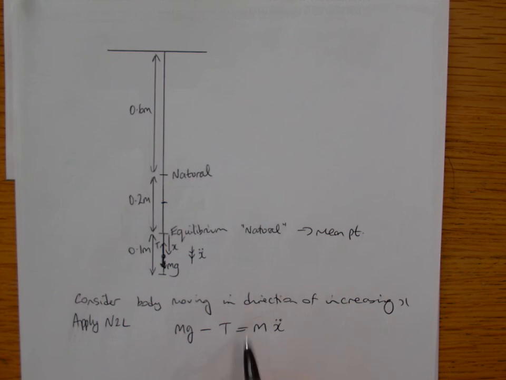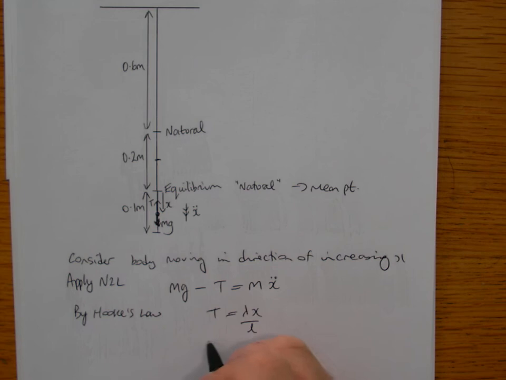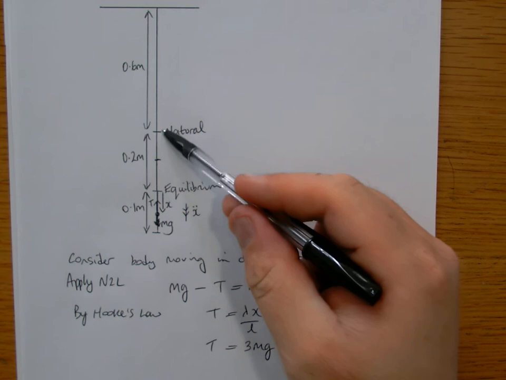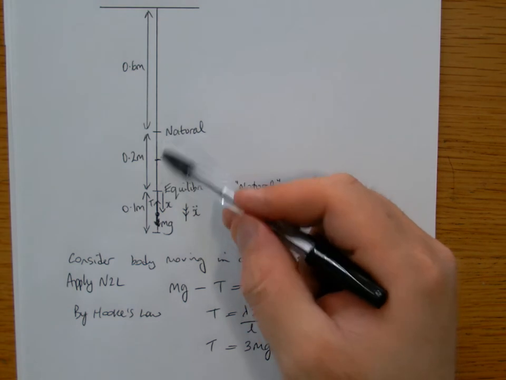So by Hooke's law, T is equal to lambda x over L, while tension is equal to the lambda. Now we know lambda is equal to 3mg, the modulus. Now the extension, if you think about it, it's 0.2 already extended from the natural position.